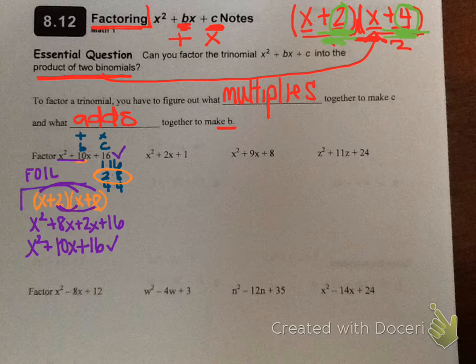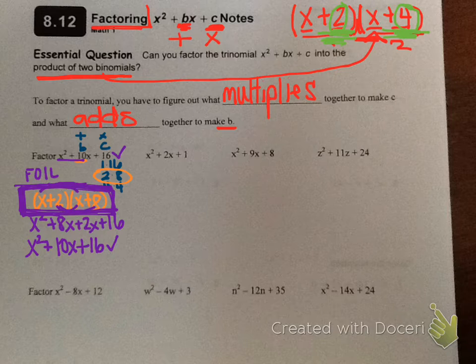So we know that this answer is correct. You can always check your work by foiling, and good news, it doesn't take that long. So checking your work should become part of your daily routine.